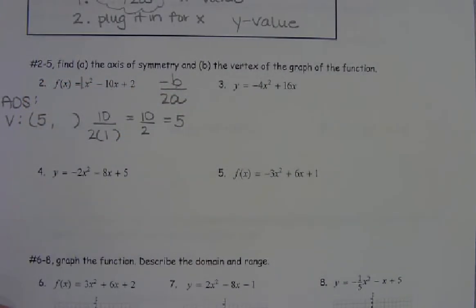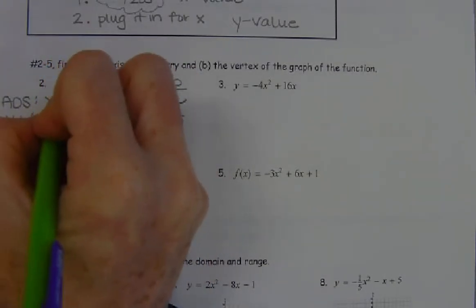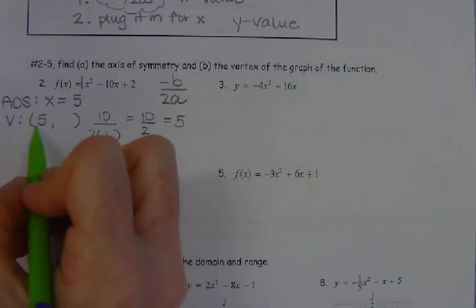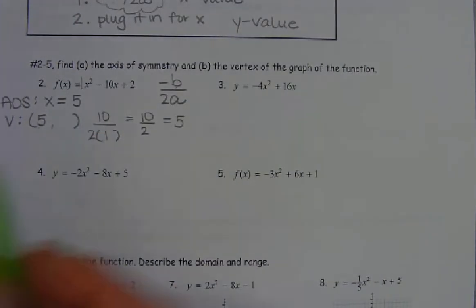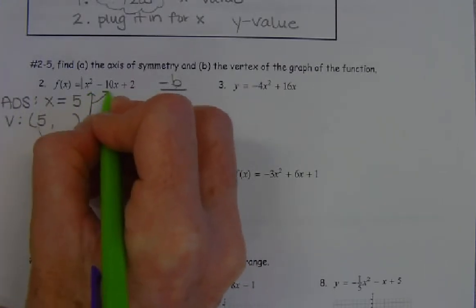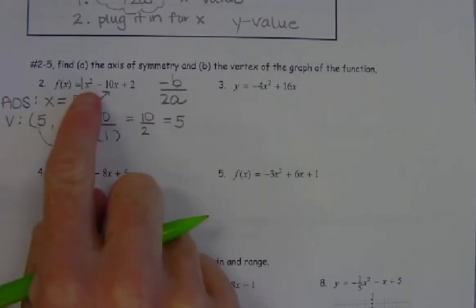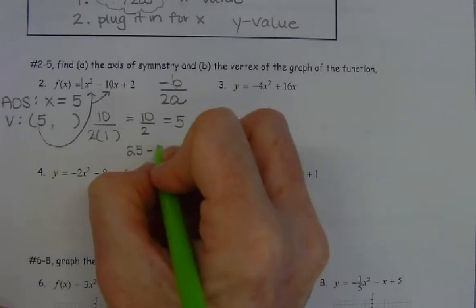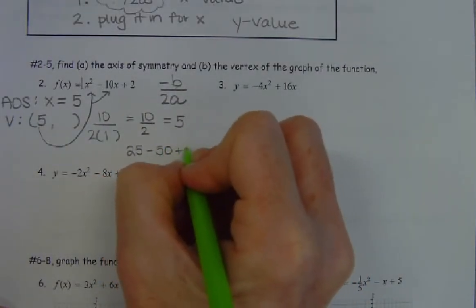Once I get that, I can then write down my axis of symmetry, because your axis of symmetry is always x equals the x value of my vertex. Then to get the y value, I take this 5 and I plug it in the equation. You could plug it in your head. 5 squared is 25. Negative 10 times 5 is minus 50, plus 2.